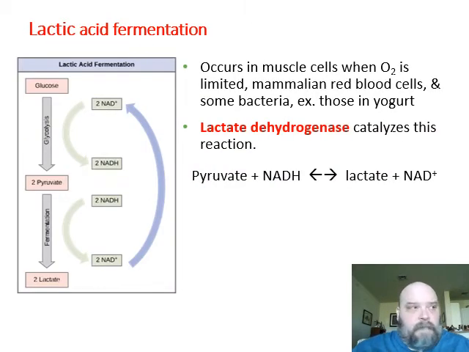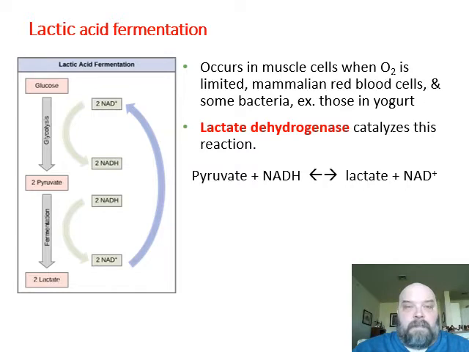Lactic acid fermentation, as you see to the far left there, glucose gets broken down into two pyruvates. NAD gets reduced to NADH. And all the cell's levels of NAD get used up. Cell stops, cell dies.